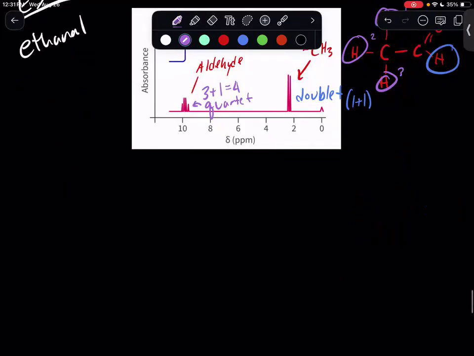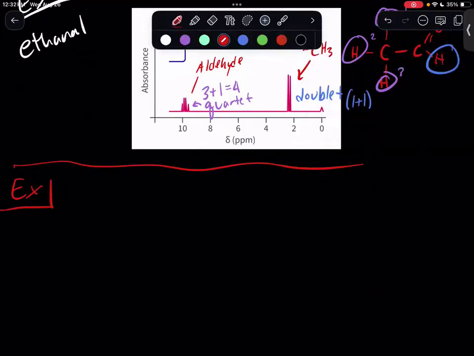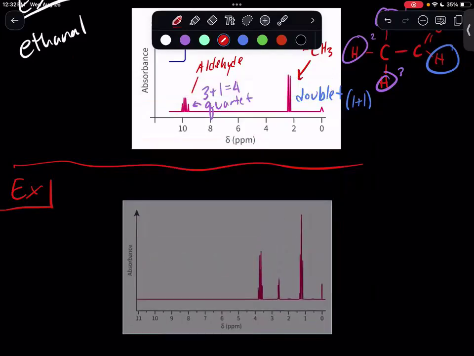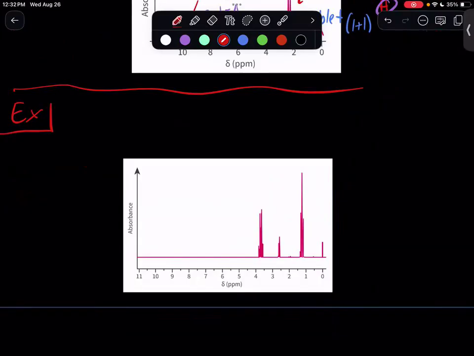Let's do one more example. This one's going to be a little bit harder. So in this example, there's no integration trace, but this is going to be ethanol. Now, ethanol's a little bit funky.